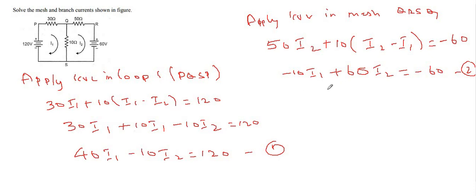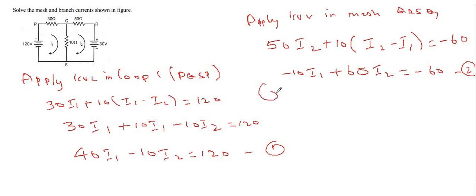So we need to solve these two equations and find the value for I1 and I2. So here let us take equation 1 as it is, and let us multiply equation 2 by 4, and then we'll add it.